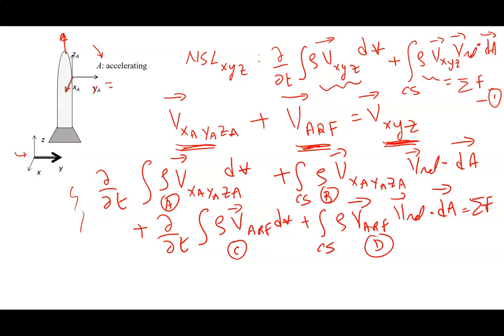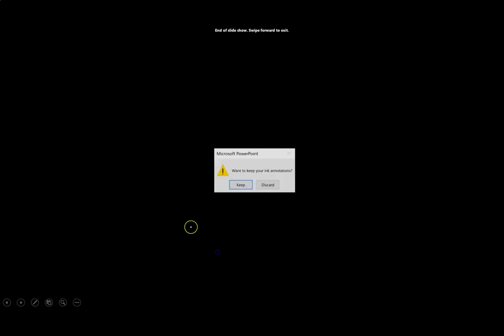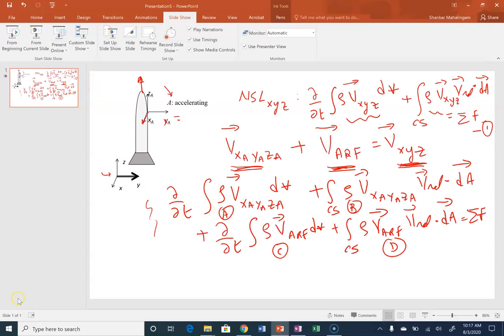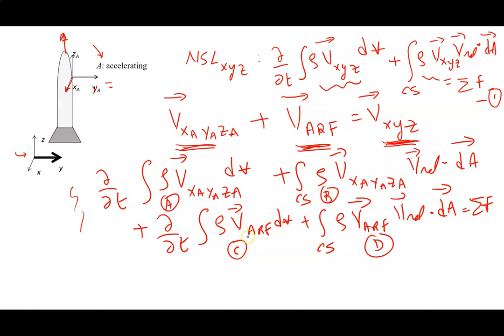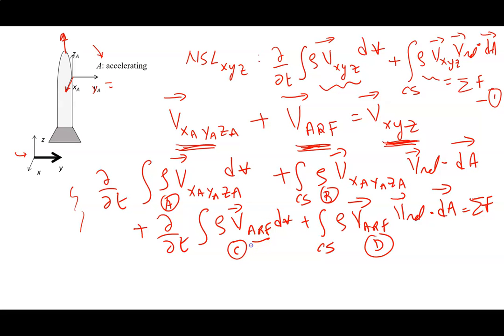All right, so I'm going to focus on term C first. If the entire rocket is moving at the speed V_ARF, so every piece of mass sitting inside the rocket is moving at the same speed, which is the velocity of the rocket, that's the assumption we are making, then term C I can write as d/dt of m_cv times the velocity of the accelerating reference frame.